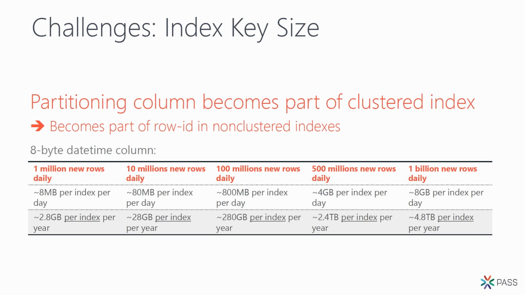And because of course, large tables that you're partitioning probably have a lot of insert activity, unless you just have to store 50 million, or 7 years of data or whatever. So millions of rows every day, or hundreds of millions of rows daily, means you will have tons and tons of index growth. And not everybody can handle that. And even if you use compression, you're still going to have tons of growth. So just want to be clear, this could be an issue.